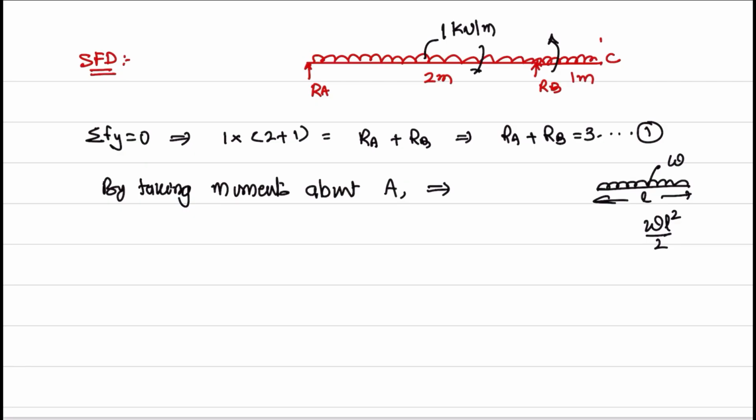Hence, this WL square by 2 is equal to RB into distance from A. That is, RB into 2 is equal to W is 1 and L square, total L, total UDL is acting on the beam. It's not part of AB. Total UDL. What is the total UDL? 1 into 5 meters.